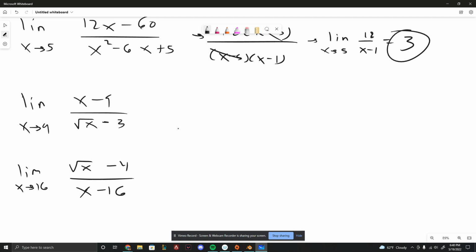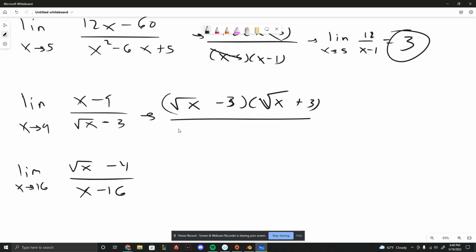Another way is actually, this in itself is also a perfect square. This is actually root x minus 3 and root x plus 3. Think about it for a second.